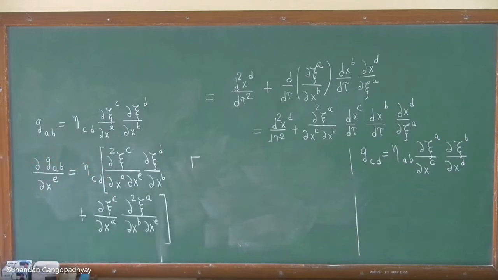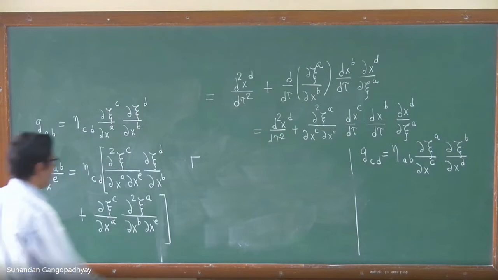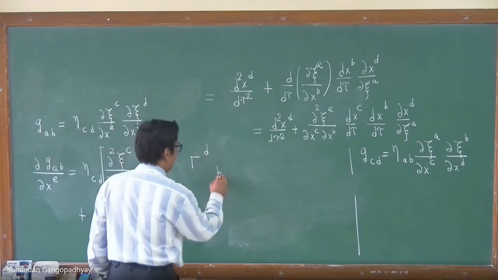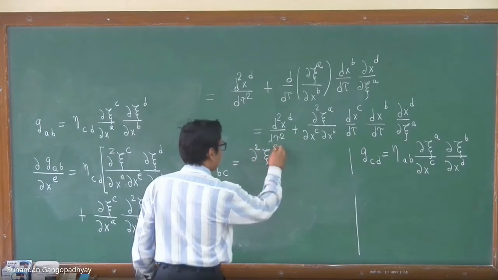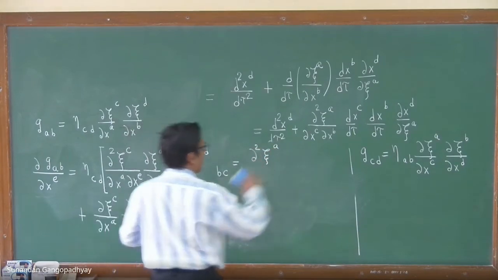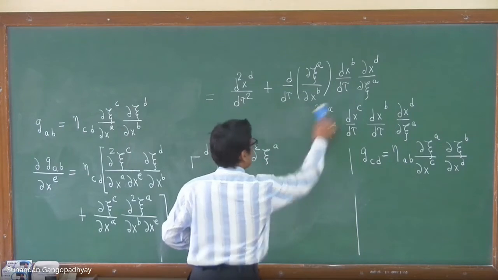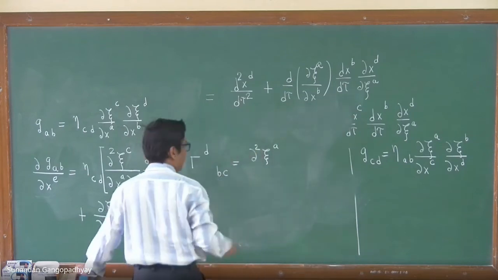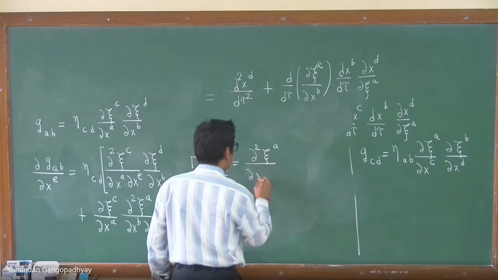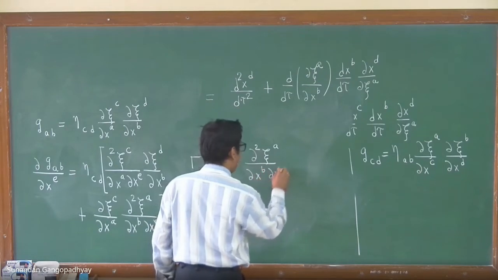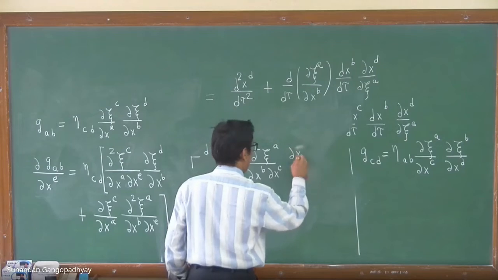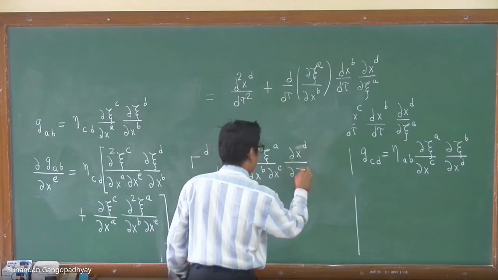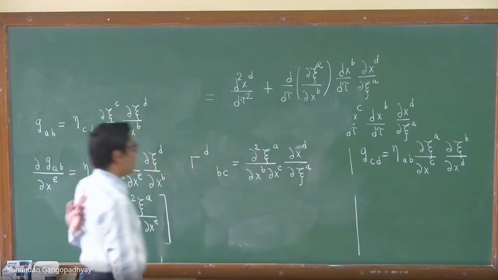Tell me the expression for gamma: gamma^c_ab equals del x^c over del xi^p times del squared xi^p over del x^a del x^b. Yes, right?